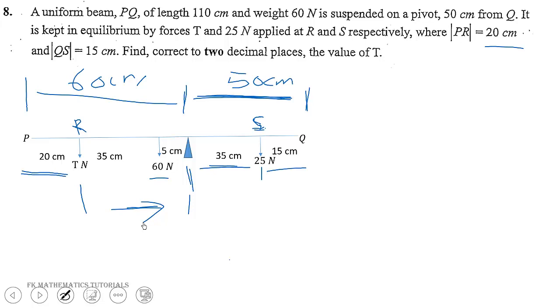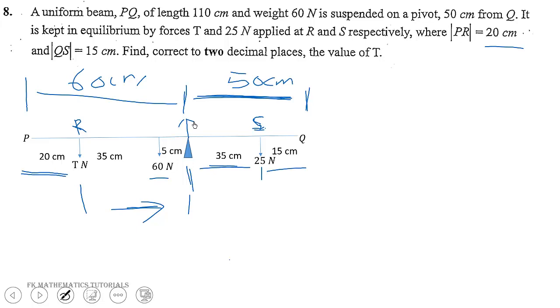Sum of anti-clockwise moments. From T to the pivot is 40.